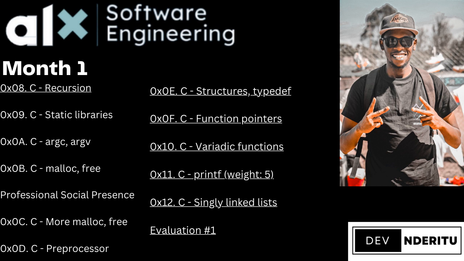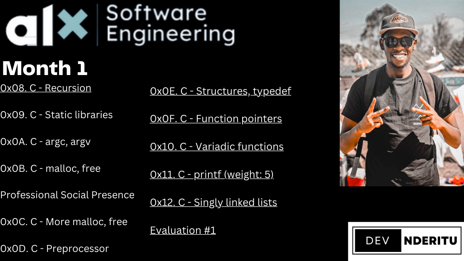In the previous video, we covered month zero, and of course, that's the cutoff month. You have to have 80% so that you can proceed. If you proceed, you're just going to be given more C tasks. You're going to be introduced to some C recursion, static libraries, C arguments, C memory allocation.